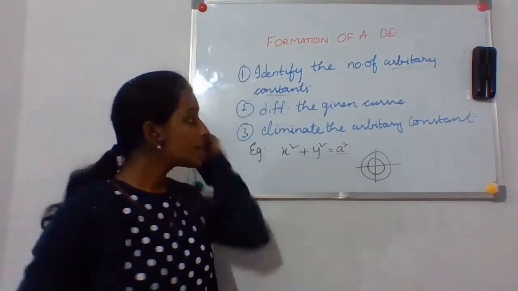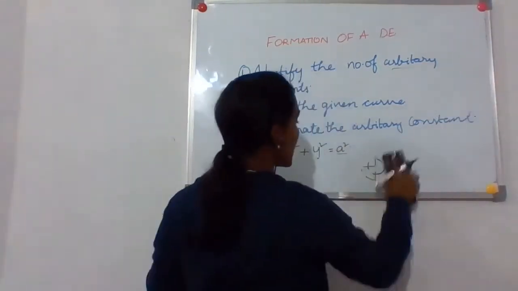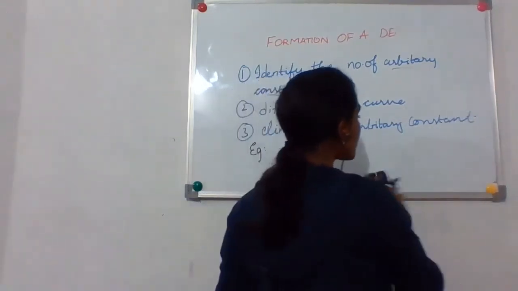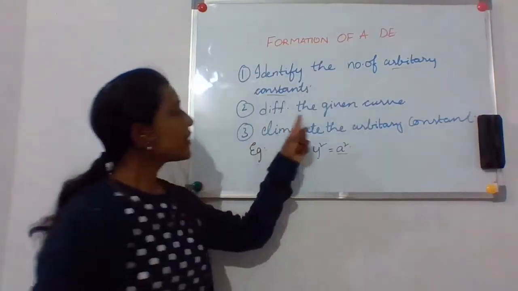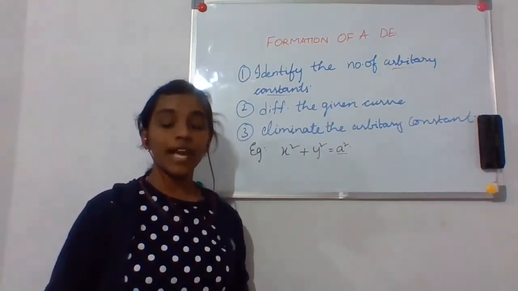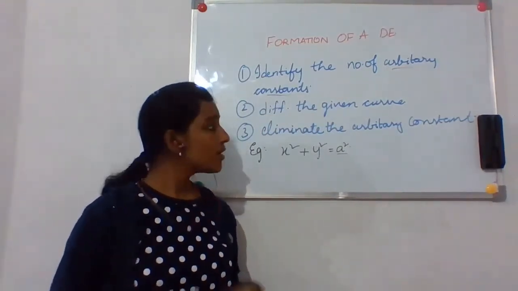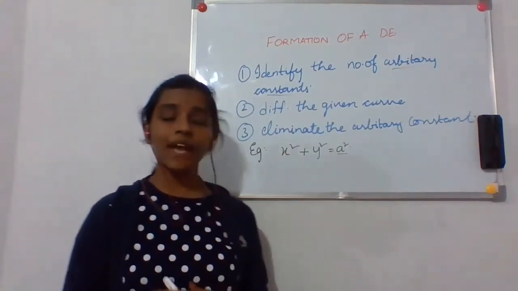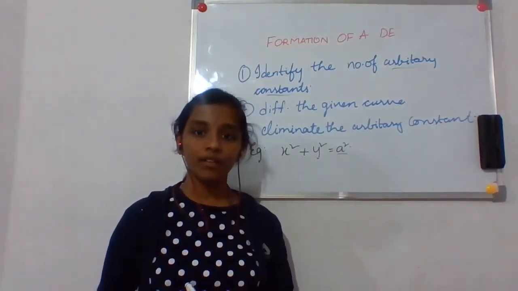Am I right? So now let us look into the second step. What is the second step? Differentiate the given curve. So how many times do I have to differentiate this curve? That is the point.